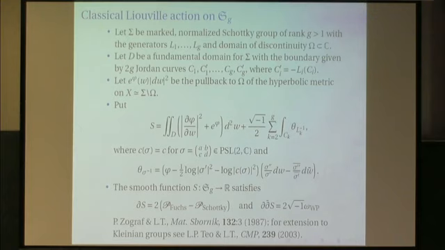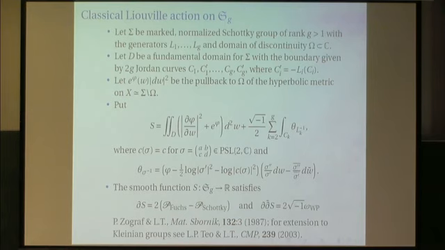You choose your generators such that the first one has attracting and repelling points 0 and infinity, and the second one has, say, attracting fixed point 1. This is a normalization. And the group is marked, meaning you choose a system of free generators, up to a conjugation which gets eliminated by the normalization.